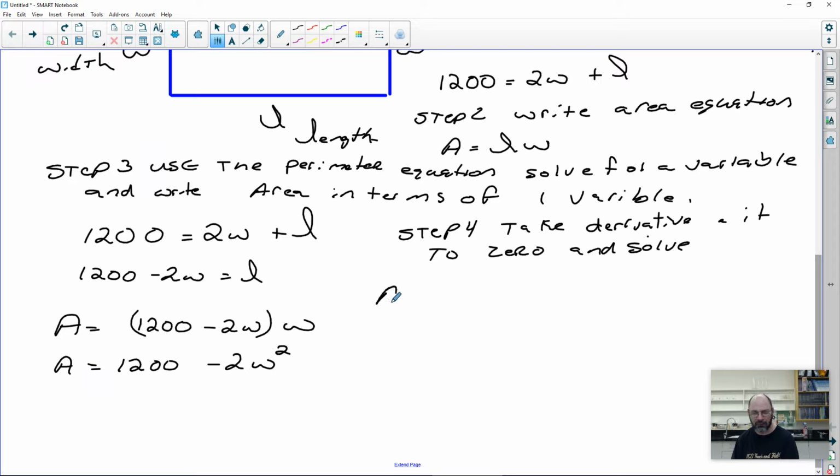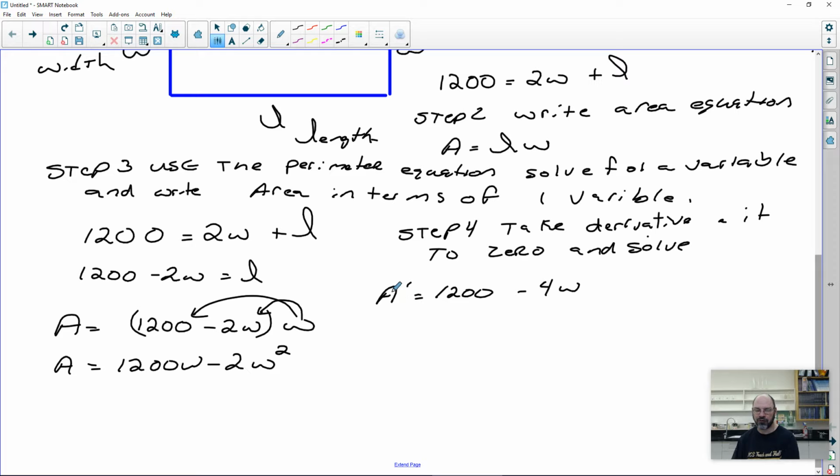So A prime equals 1,200 W. Sorry, I forgot to do this, right? Okay, it's 1,200 W minus 2W squared. So the derivative of 1,200 W is equal to 1,200. And the derivative of this is negative 4W.